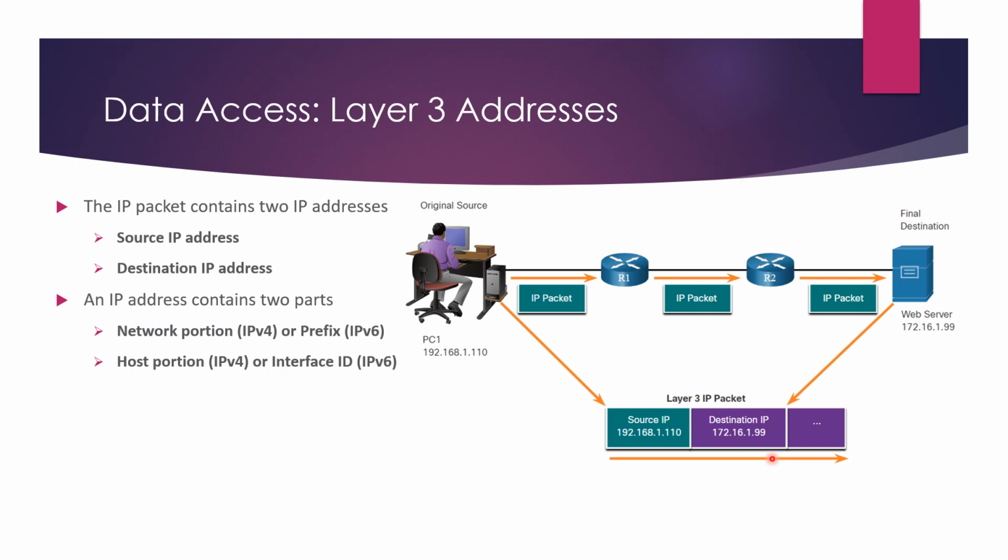All devices on the same network will have the same network portion. There is also the host portion in IPv4, or interface ID in IPv6, which is the remaining part of the address that identifies a specific device on the network. This portion is unique for each device or interface on the network.